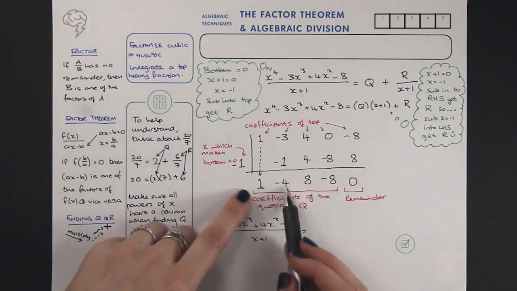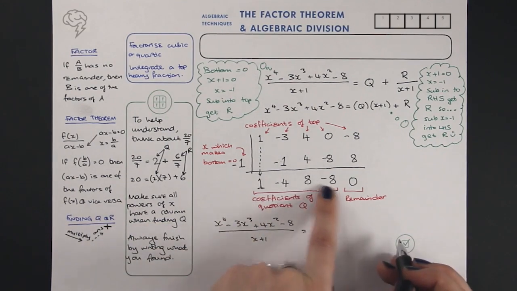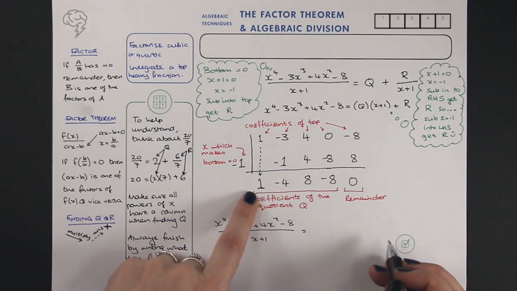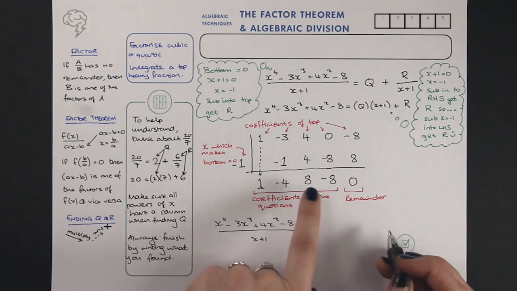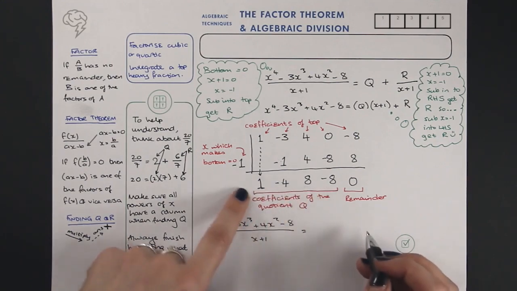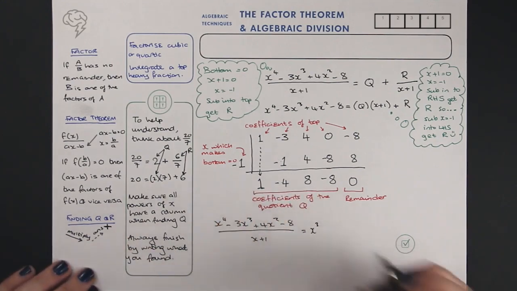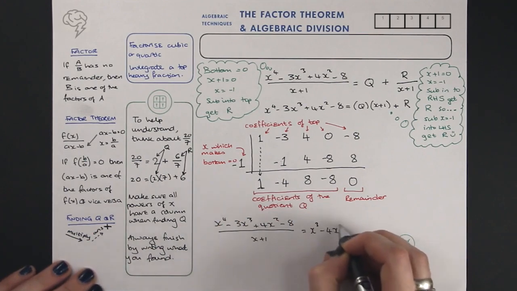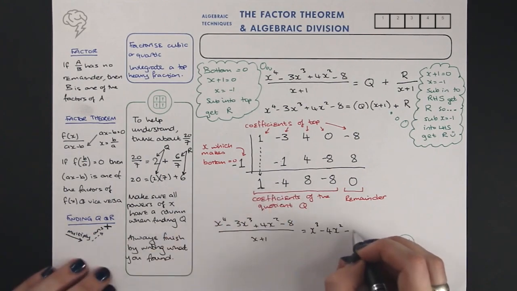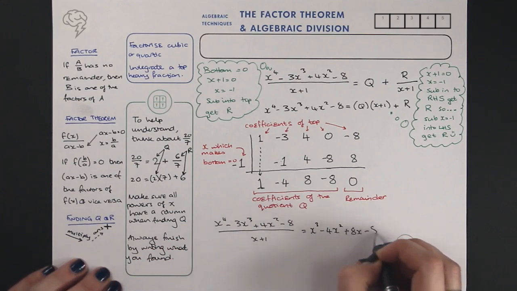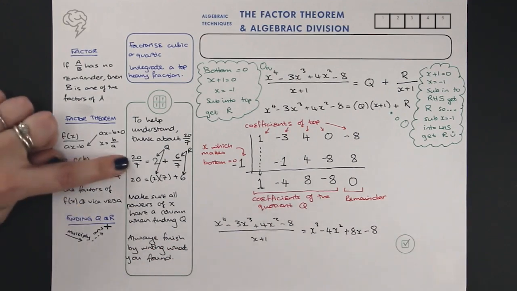Now, these coefficients are the coefficients of numbers, x's, squareds and cubes. So this is going to be -8, 8x, minus 4x squared and x cubed, which I'll write in the other order because we tend to write them in decreasing order. So minus 4x squared plus 8x minus 8. Okay, so that's written it in this form, no remainder in this case.